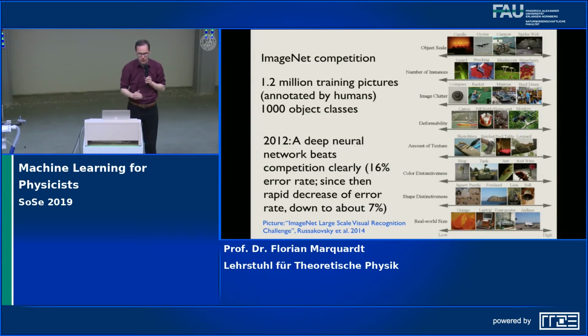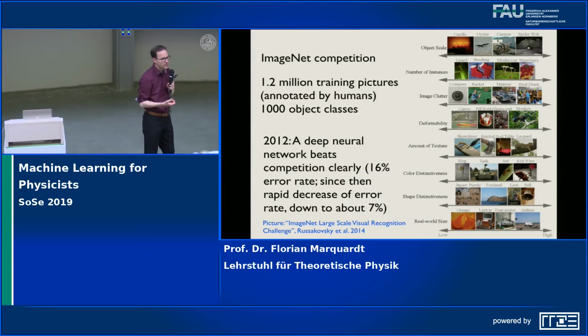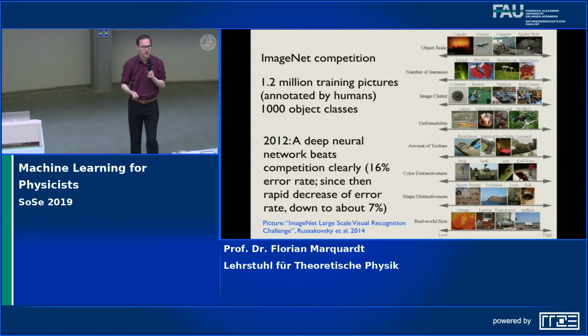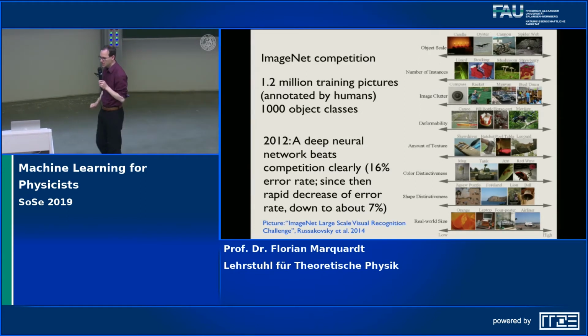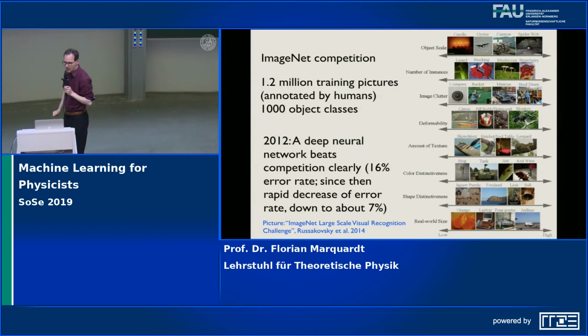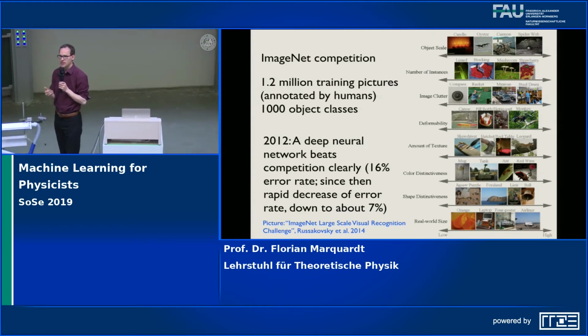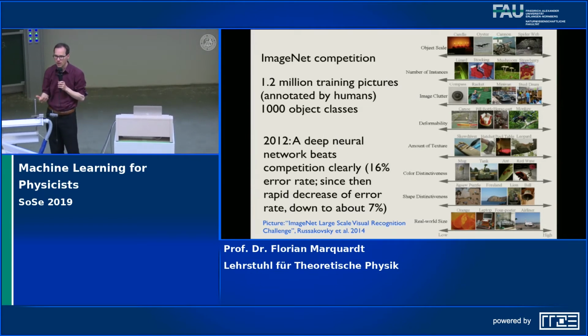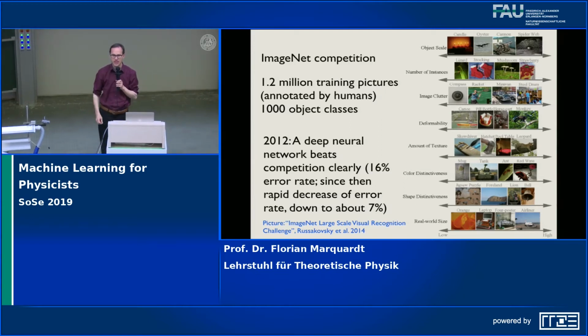And so this ImageNet competition had been around for some time, but in 2012, a neural network, in particular a neural network with many neurons and many neuron layers, so it was called a deep neural network, was able to beat all the competition. Since then, this ImageNet competition has always been won by neural networks, and by now they are better than humans at recognizing pictures, especially, for example, if you try to recognize animals.